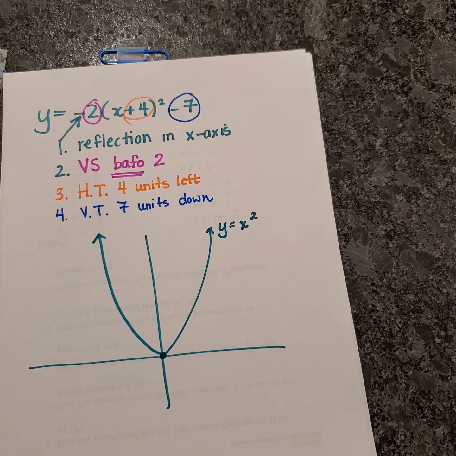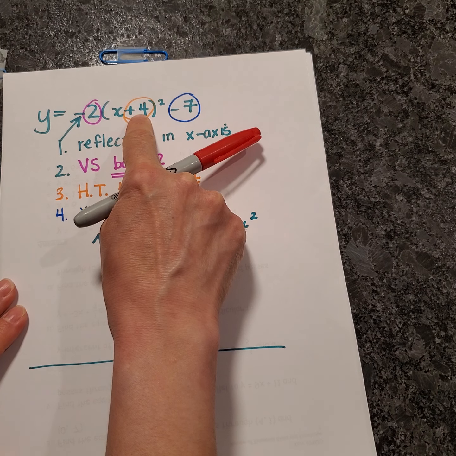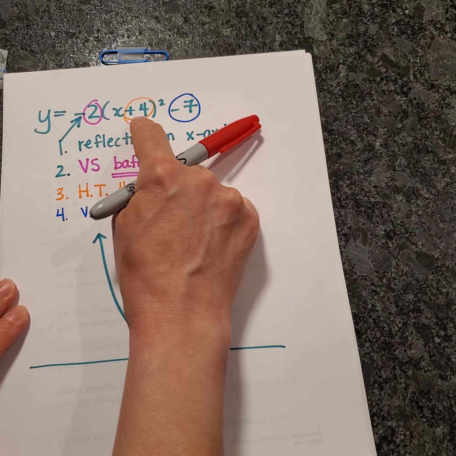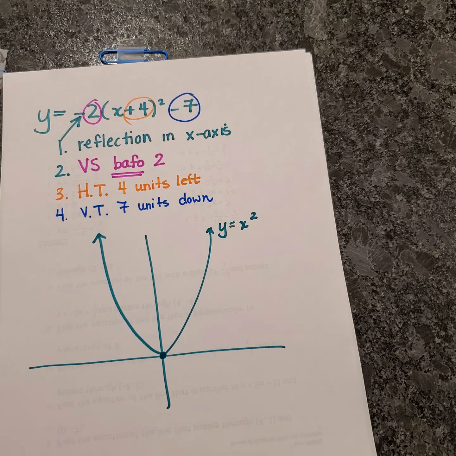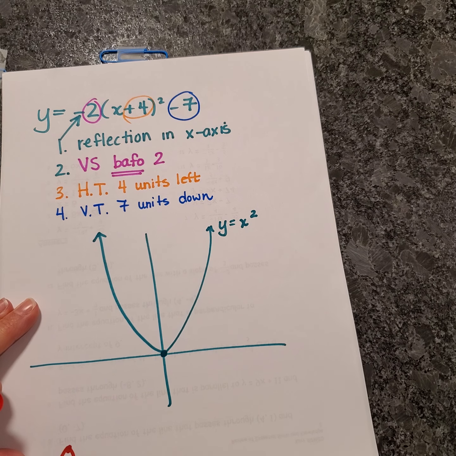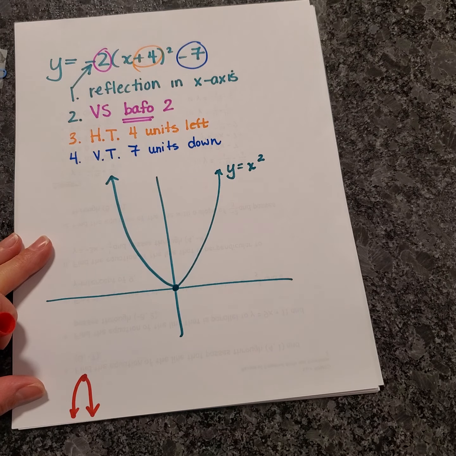Now the vertex, I need a new marker. Oh dear. Now the vertex lies on, let's go with red, now the vertex lies on -4, because remember, it's the opposite of what you would think. It got translated 4 units to the left and 7 units down. So this new guy kind of looks like that.